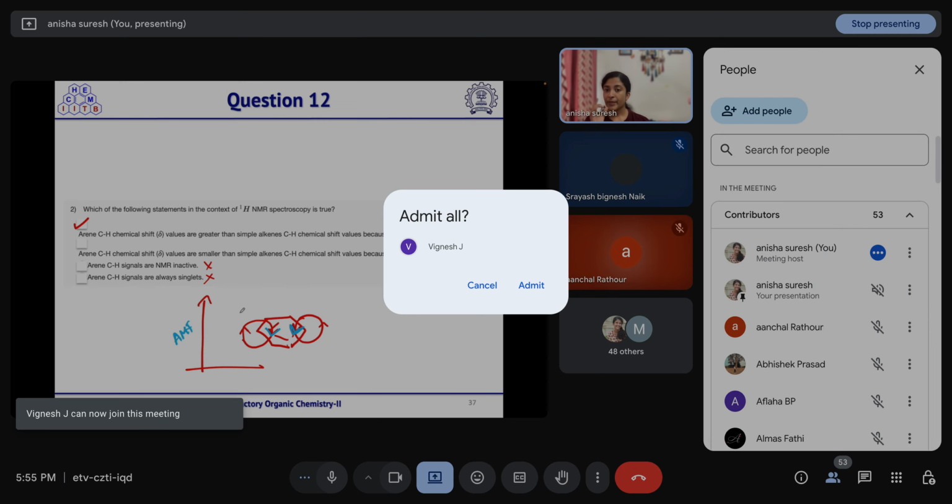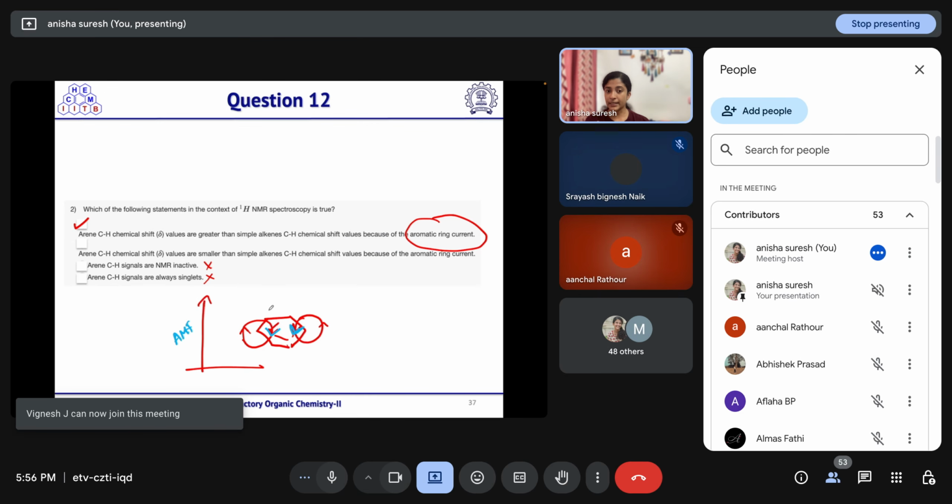Because of this, we need lesser frequency to resonate the protons on the outside of the benzene ring. That is why the arene CH chemical shift values are greater than the simple alkene CH chemical shift.